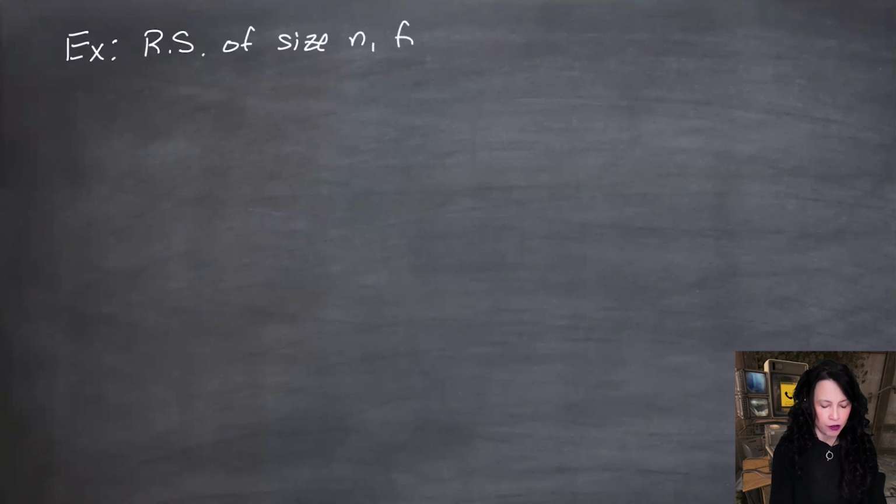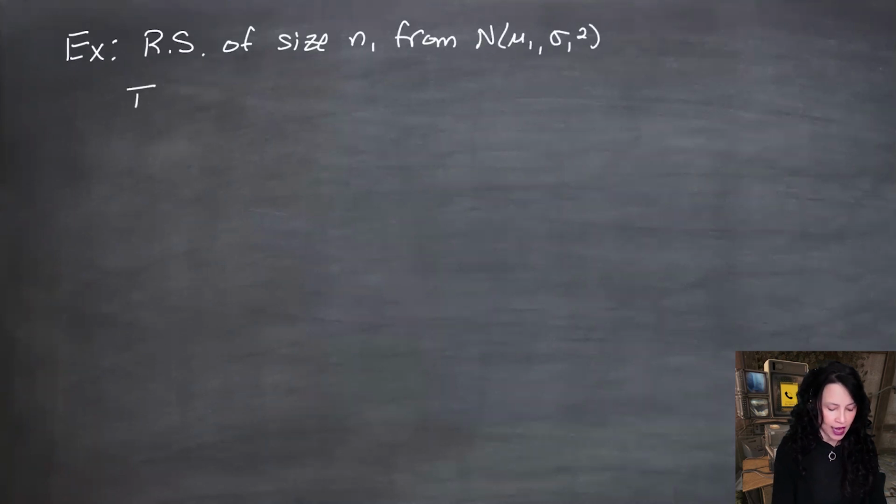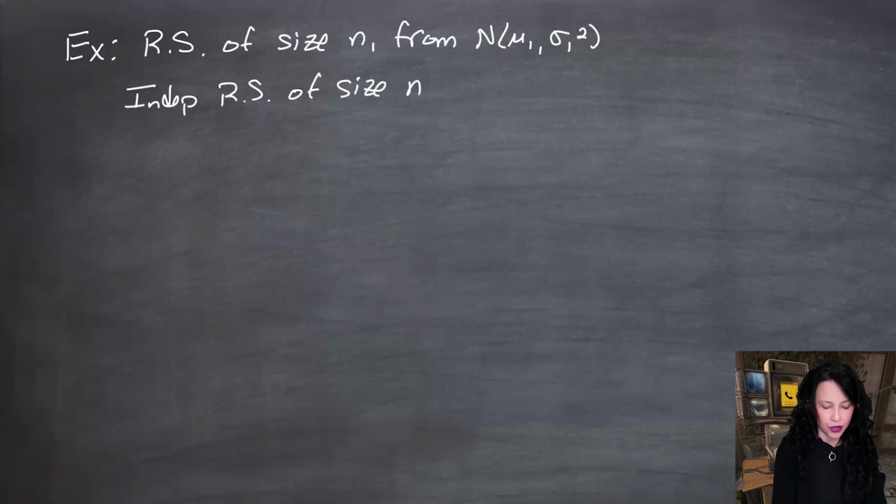We weren't that far into the example, so I'm going to start it all over. What we had is a random sample of size n1 from a normal distribution with mean mu1 and variance sigma 1 squared, and then we had an independent random sample of size n2 from a normal mu2 sigma 2 squared.